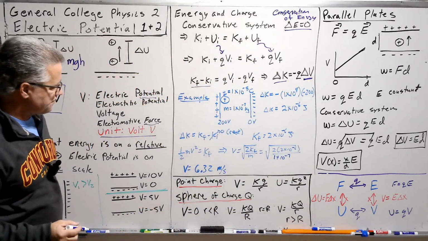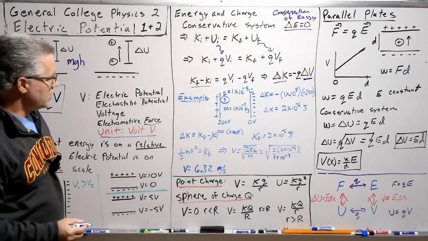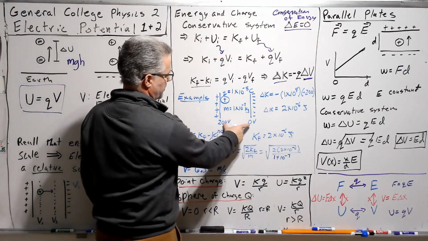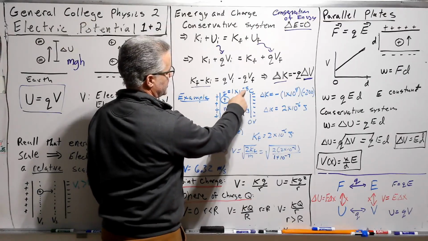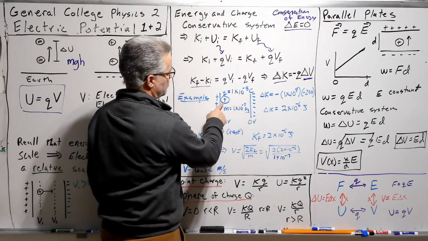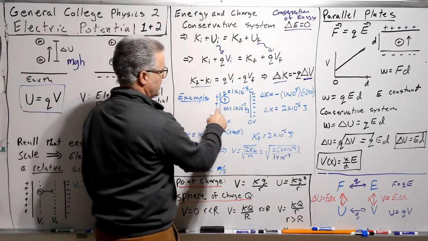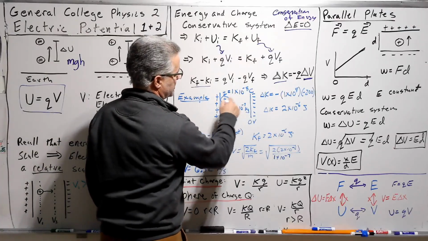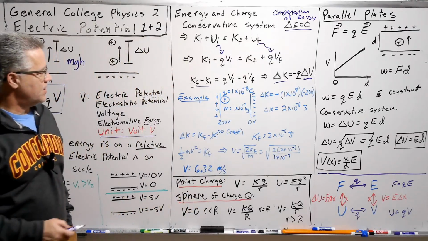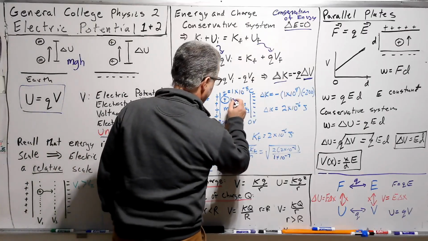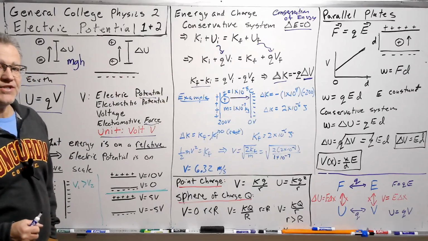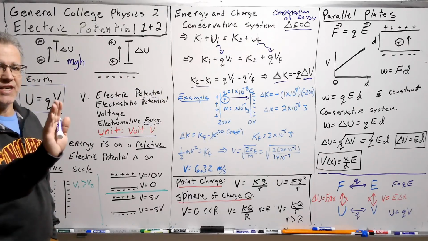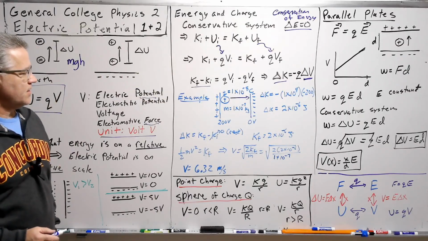And so let's take an example here. Let's imagine we have a 200 volt parallel plate capacitor. We're going to put a 1 times 10 to the minus 8 Coulomb charge right at the surface there, and it has a mass of 1 times 10 to the minus 7 kilograms. So what do we know is going to happen? This is going to shoot across here, right? And what we want to know is, what is the kinetic energy right when that's going to hit that surface on the other side?